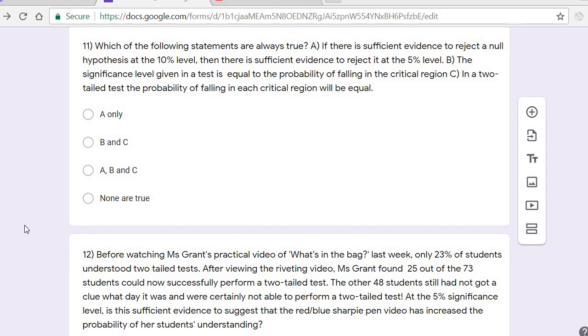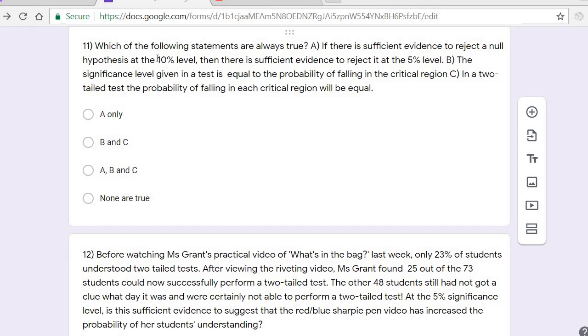Question 11, we want the following statements to always be true. So let's run through these. Now, if you can reject H0 at a 10% level, now think about that. Imagine your critical regions then. You've got a 10% area.